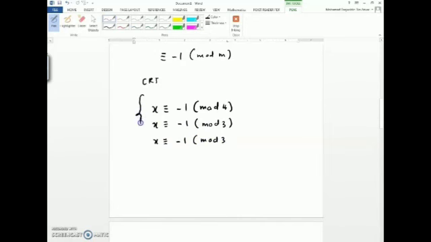Here we can try to solve it by using the Chinese remainder theorem. The difference from the Chinese remainder theorem that we have learned in class is that, sorry, this is supposed to be 2. The values of your M, the moduli there, should be co-prime. But here, since 4 and 2 are not co-prime with each other, we need to deal with what we call the non-co-prime Chinese remainder theorem.